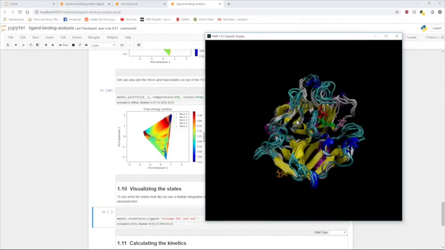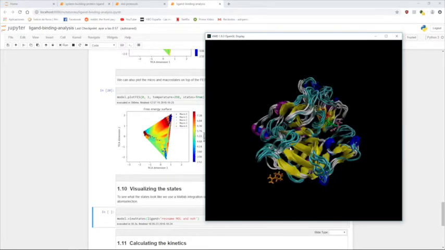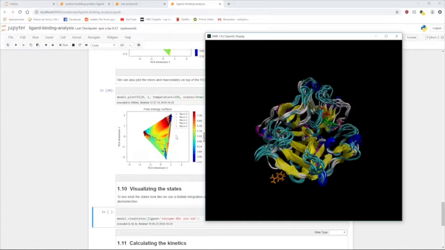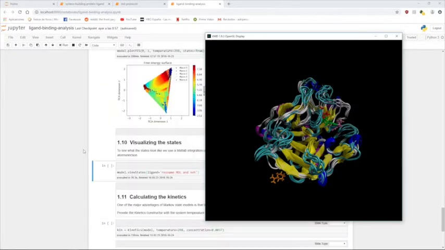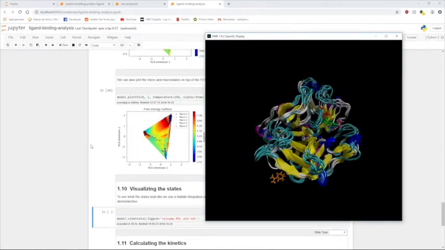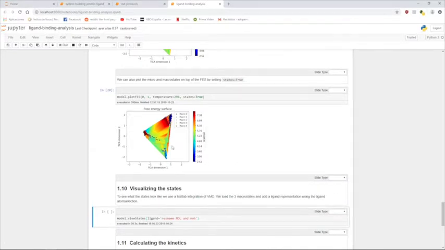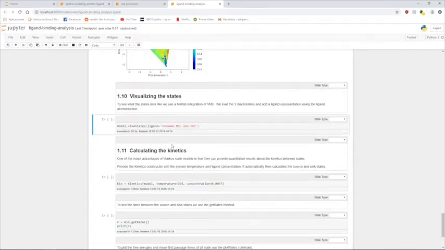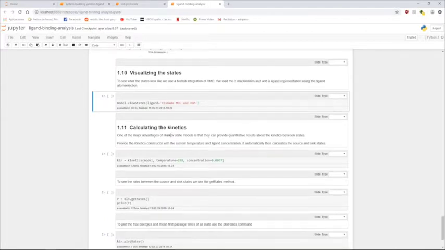Basically it has detected these different macro states, and as we can see, they make total sense. So well, let's just stick this here, okay? And we'll go into the kinetics, and then after that we'll look into the visualization. Then you'll see it makes much more sense.